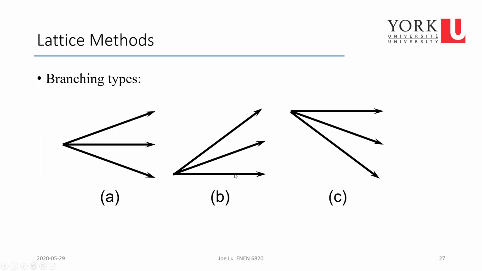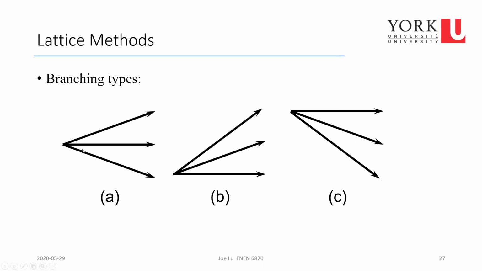The lowest branch is unchanged, one branch is 1 delta R up, and the other branch is 2 delta R up. And in type C, you don't have any up movement. You have one unchanged branch, one branch that is minus delta R, and one that is minus 2 times delta R.